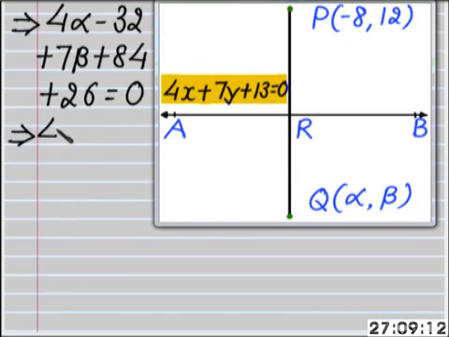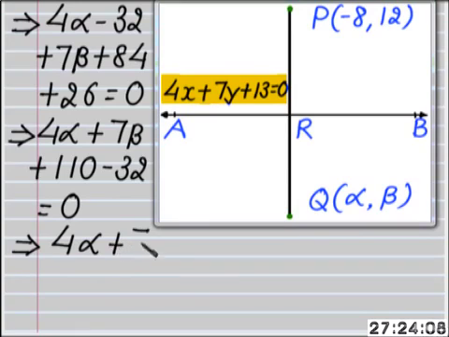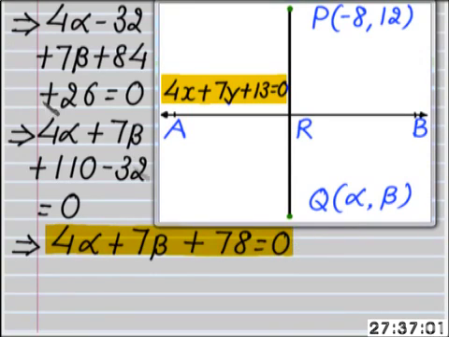Implies that 4 alpha plus 7 beta plus 110 minus 32 is equal to 0. Implies that 4 alpha plus 7 beta plus 78 is equal to 0. Let it be equation number 1.